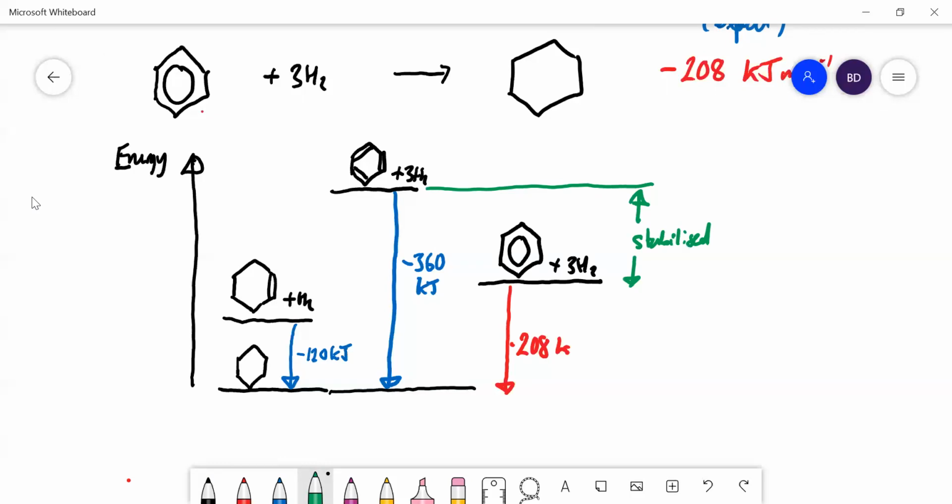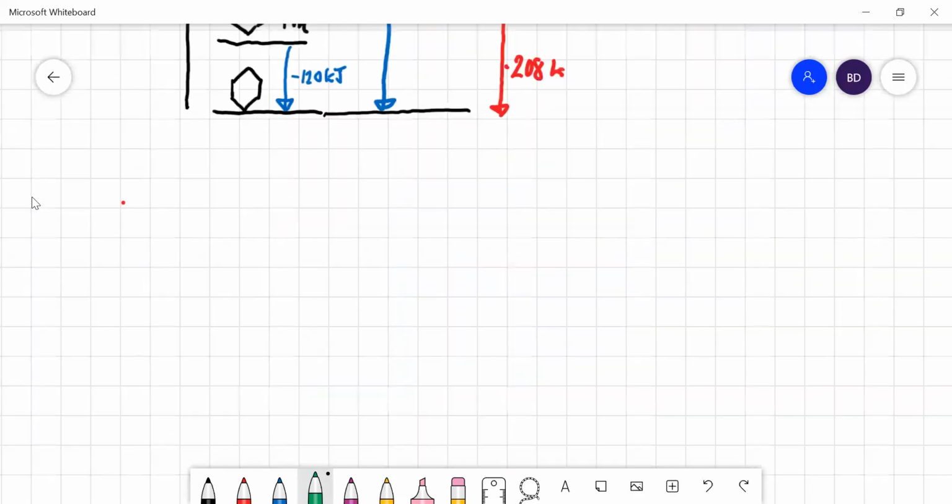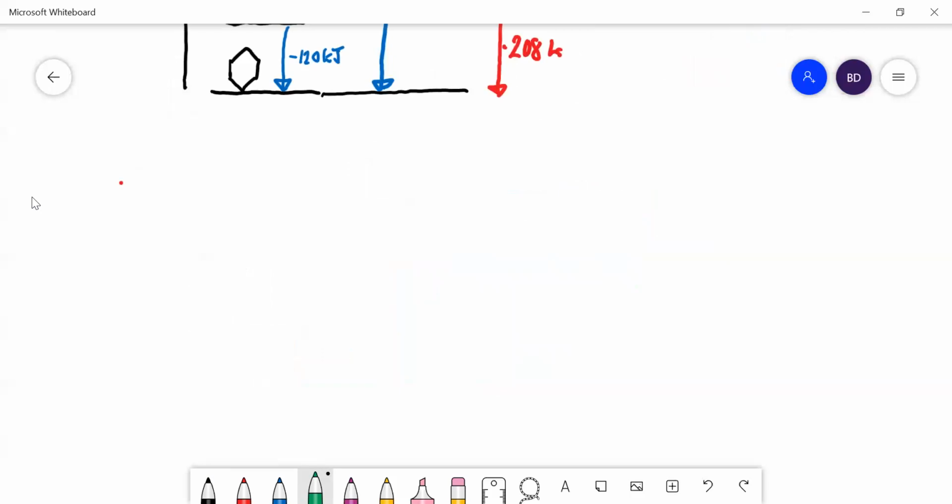Right, just before we finish up there, I'll give a couple of questions they have asked on this in recent years. They've said, you've got cyclohexane, and you've got this diene, and you've got another diene where they are like that.